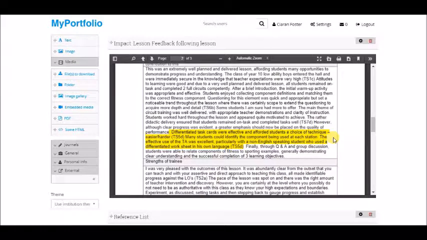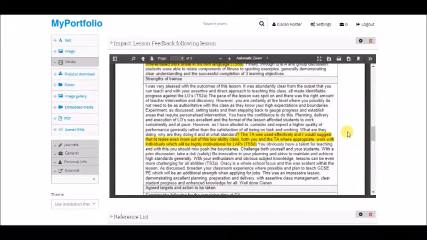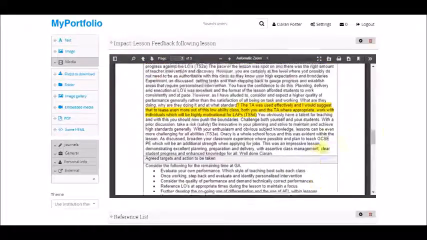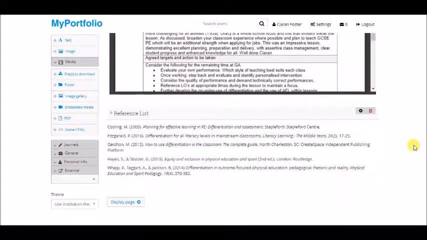Many students could identify the components being used at each station. Effective use of the TA was excellent, particularly with a non-English student who used a differentiated worksheet, and his answers prove that differentiation did work. Again, here it says the TA was effective. So it's showing how my differentiation worked effectively.